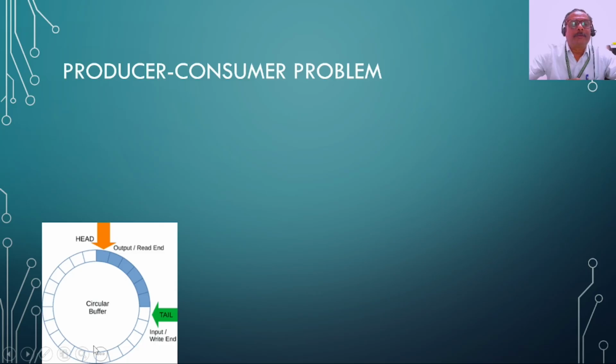So this keeps moving, and when the head and tail are at the same place, it means that nothing is available, so we can't read anything. But if the head is here and the tail has come to this end, then the head and tail are in the same place.